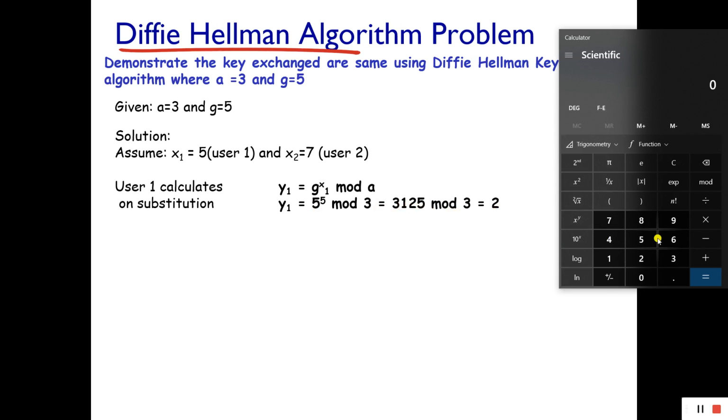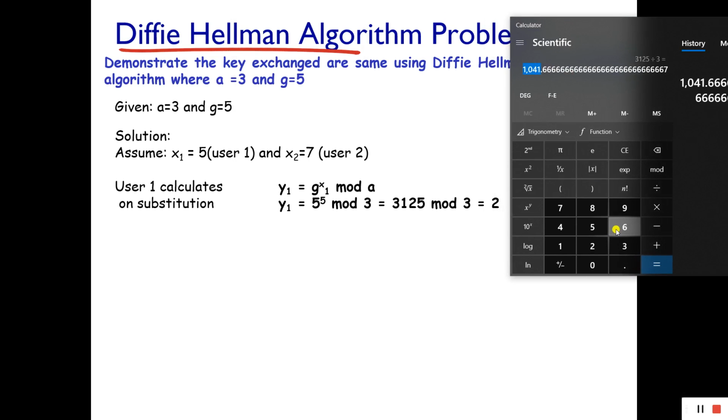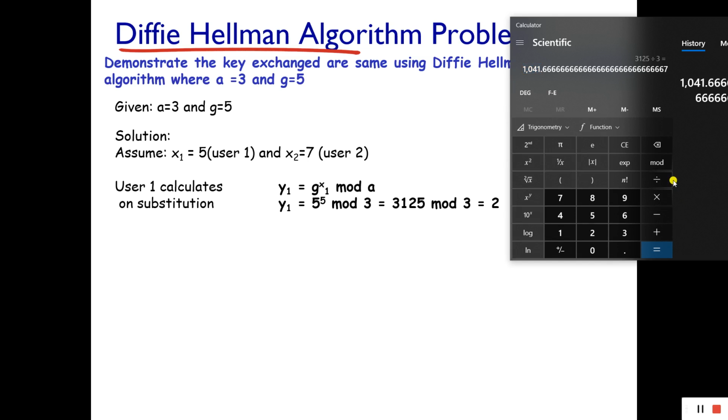So when you consider 3125, if you divide this by 3, you are getting 1041. You consider only this 1041. 1041 into 3 gives 3123. 3125 minus 3123 will be 2. That's why you have got the remainder as 2.